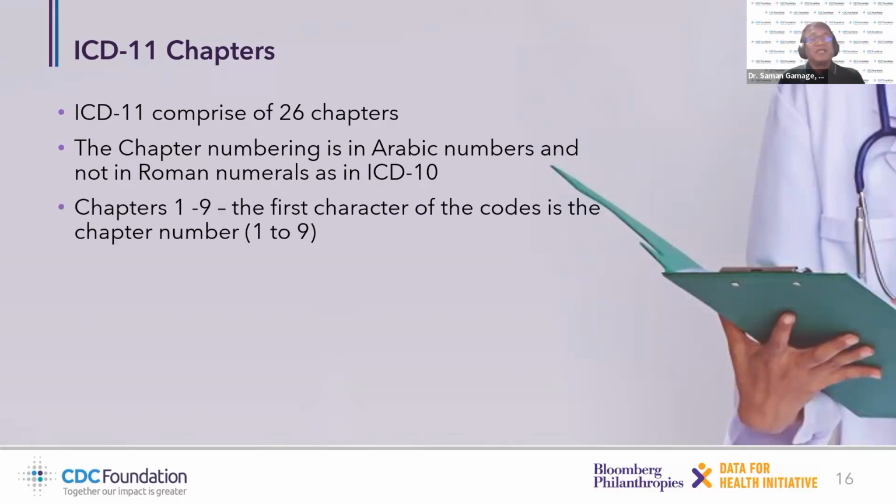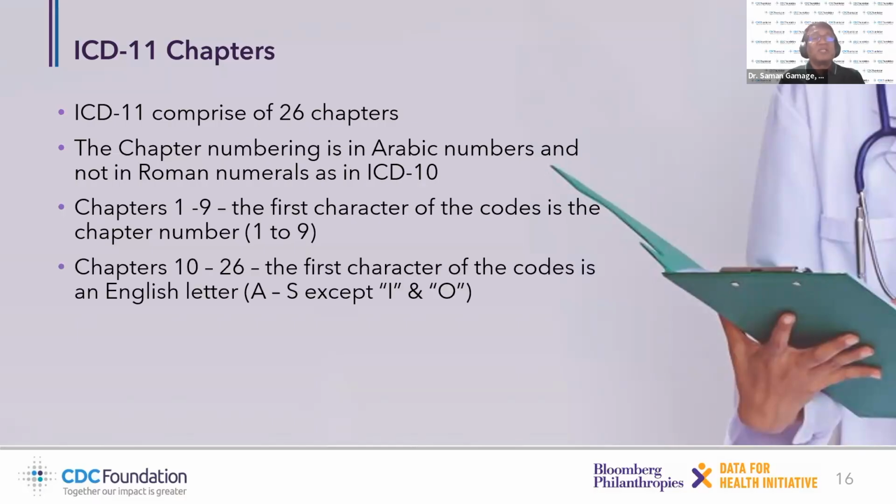For chapters 1 to 9, the first character of the codes is the chapter number, 1 to 9.